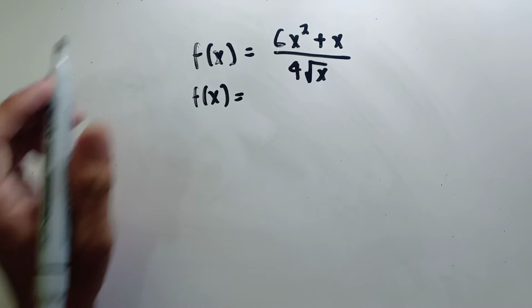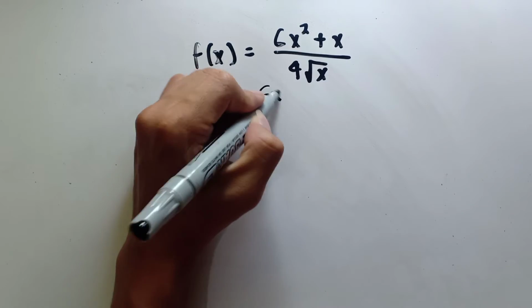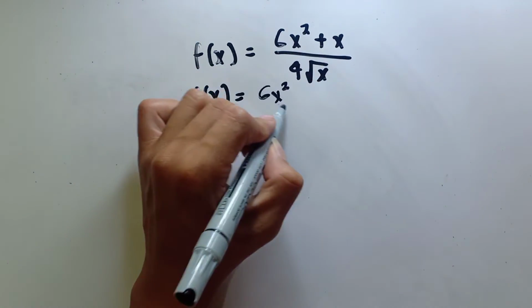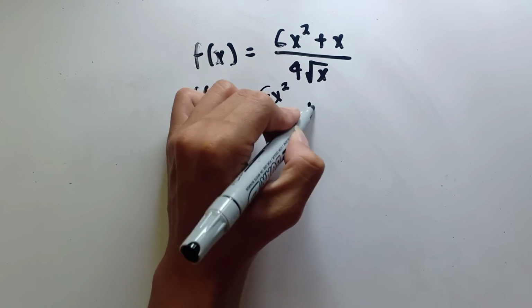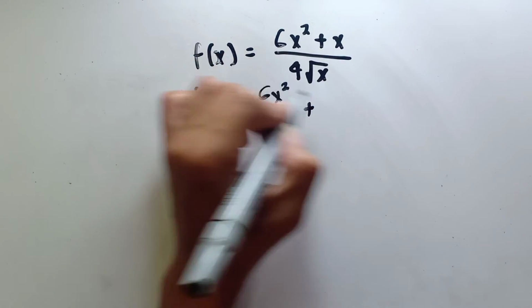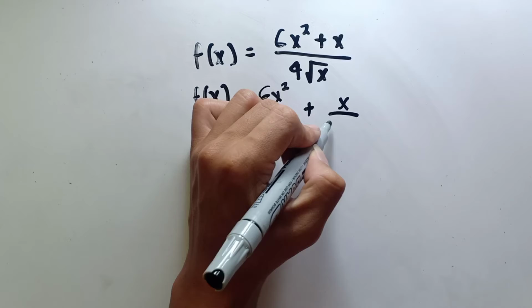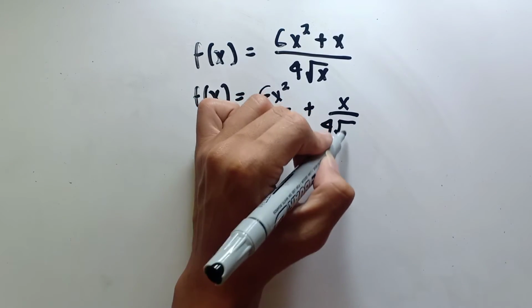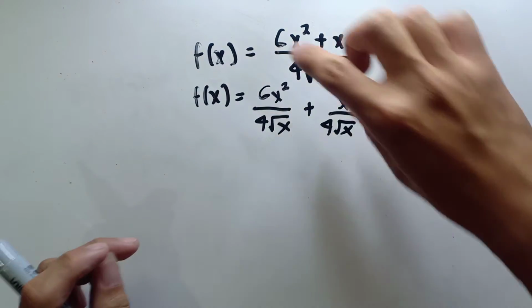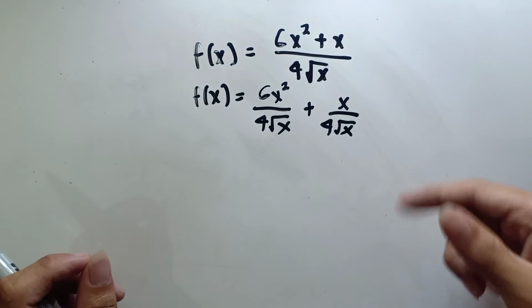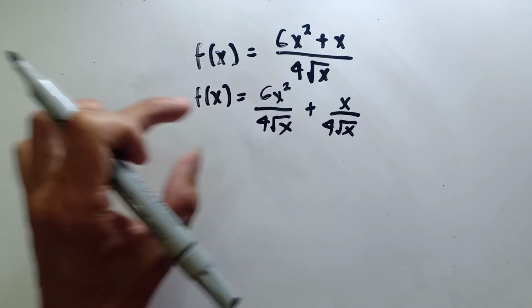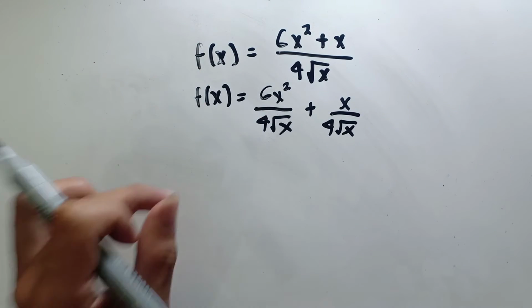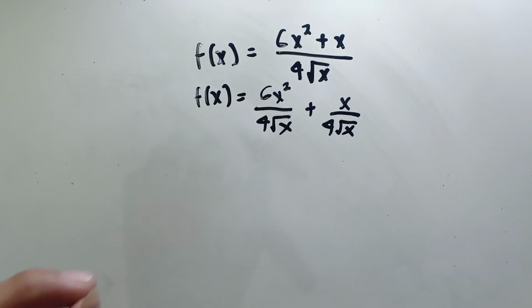So let's just simplify this first. So 6x squared over 4 square root of x plus x over 4 square root of x. So we separate, we expand this rational function into two terms, into two rational expressions.